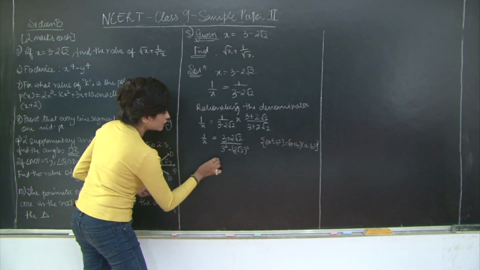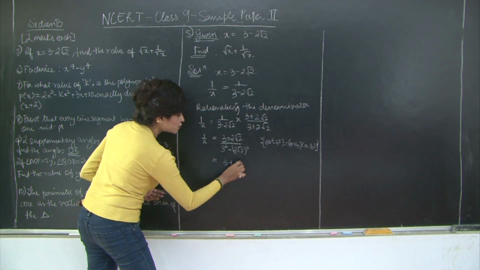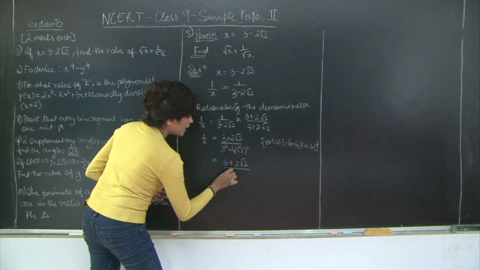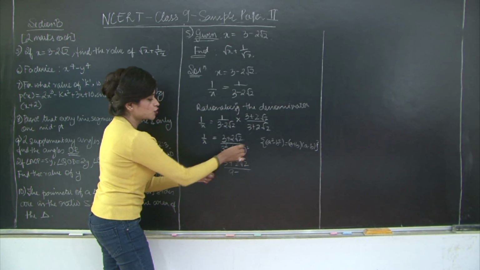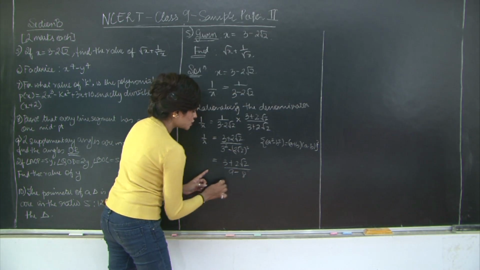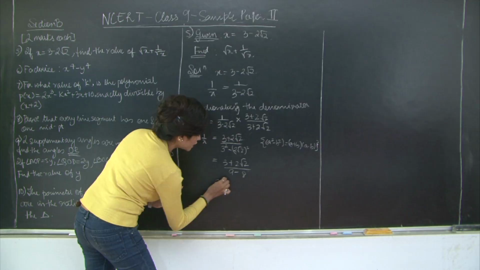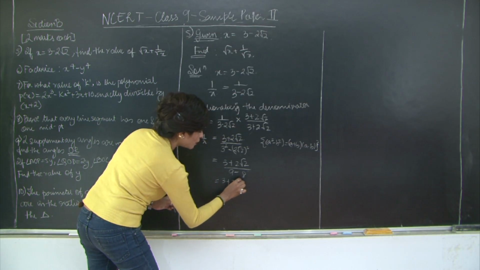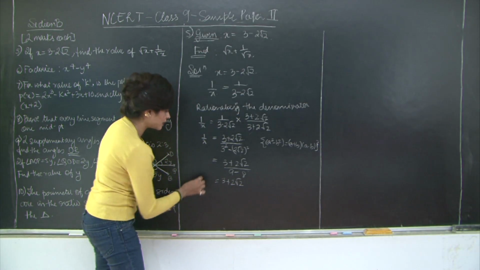Correct? So now this becomes 3 plus 2 root 2 upon 9 minus 2 square is 4 and root 2 square is 2, so 4 into 2, 8. So this is 3 plus 2 root 2 upon 1, which is nothing but 3 plus 2 root 2.